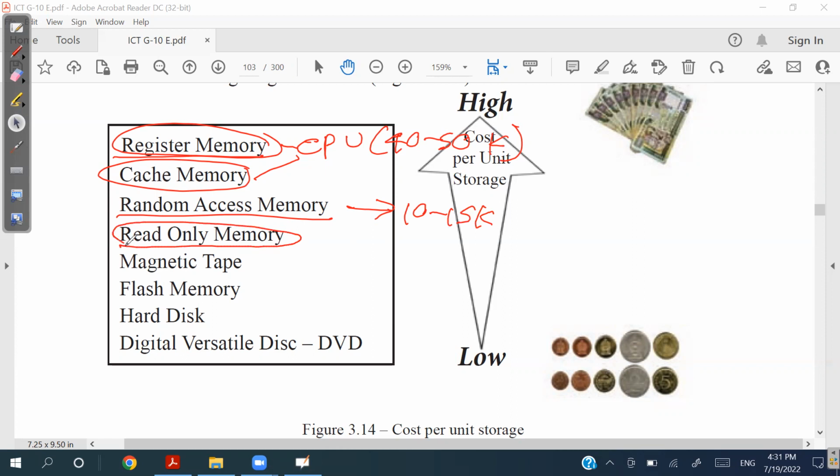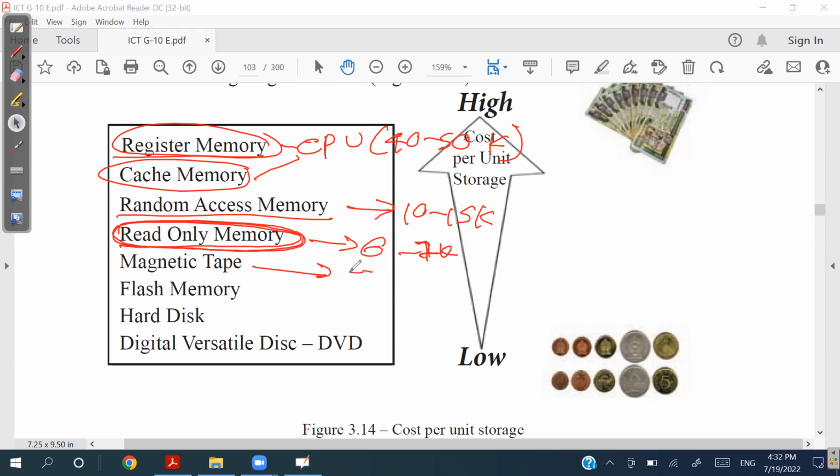Read-only memory, here they are talking not about a small ROM, but something which can contain bigger capacities. If you think about read-only memories, they go with a big amount of data. So again, you can buy this for 6,000 to 7,000.